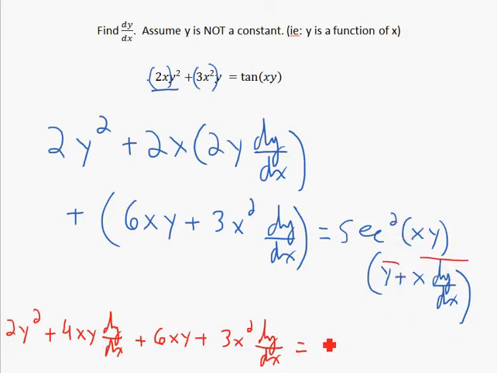That's going to give us y times secant squared xy plus x secant squared xy, I'm going to run out of room here, but times dy/dx.